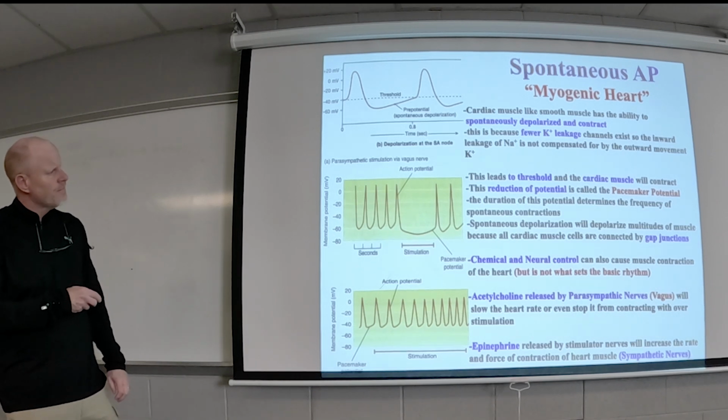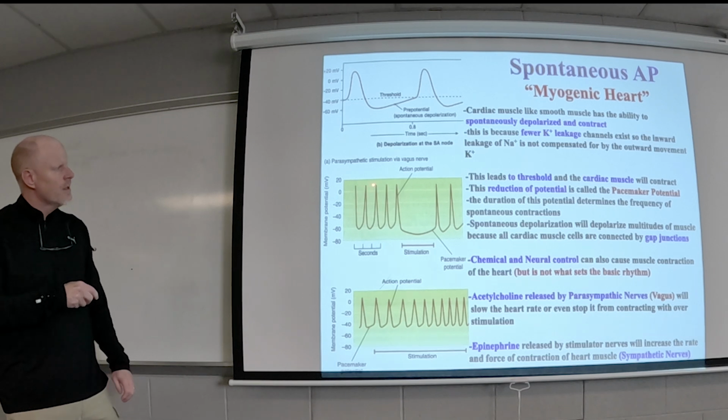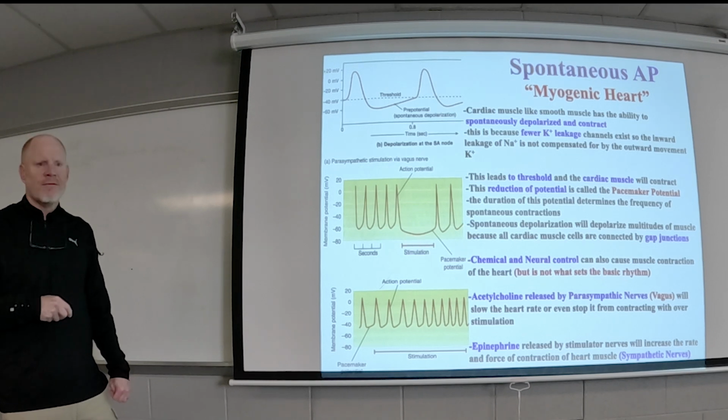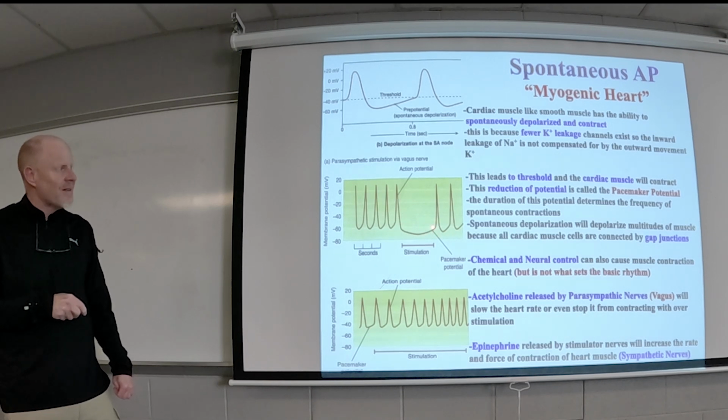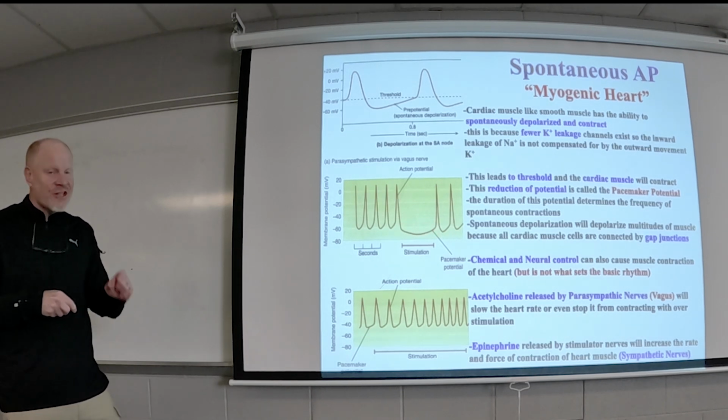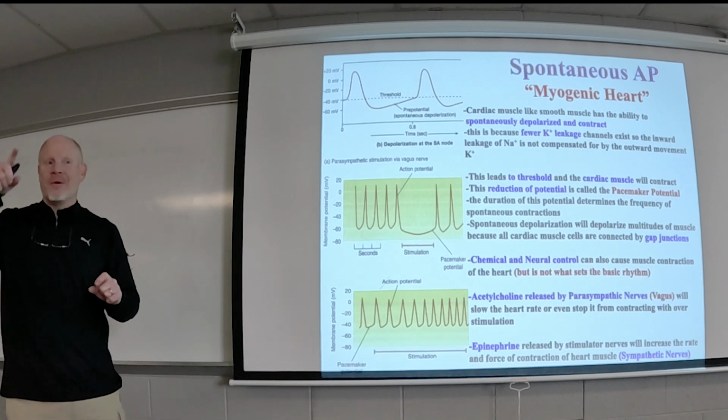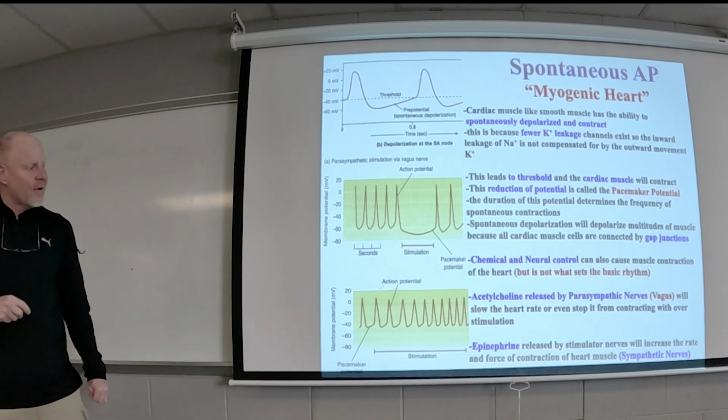So you can see here, here's normal action potentials coming from pacemaker cells, and then here is what happens when you add a huge burst of acetylcholine. You flatline it, and then for a couple beats, and then it starts picking up again. If you add just a drop, it'll start to slow down heart rate.